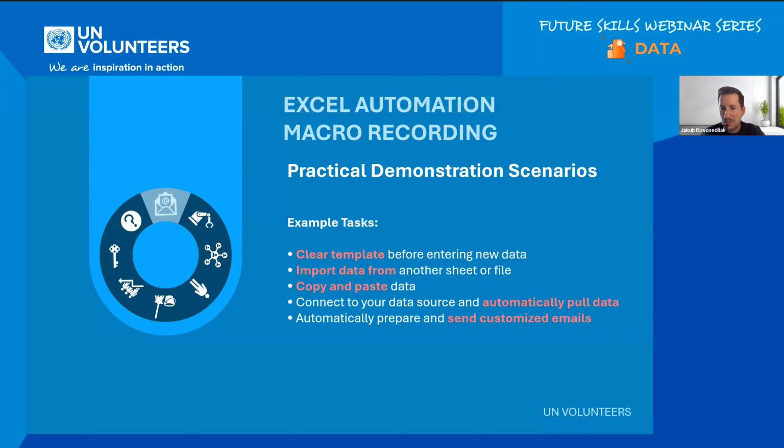So this is something you can also automate with macro, but this is advanced code, and this is something that you cannot just record as a macro. So for that, you need to know how to code. They are just to demonstrate what you can do with these macros.